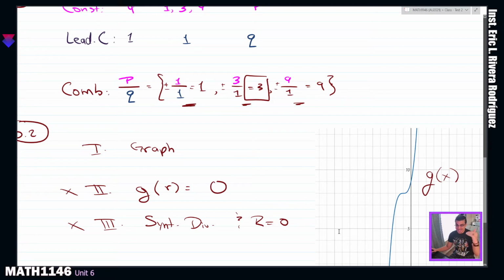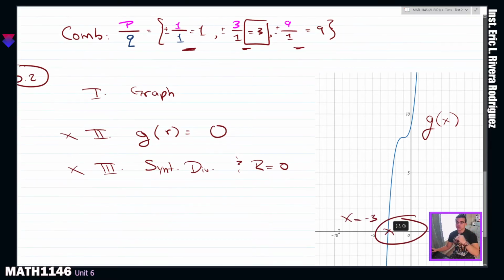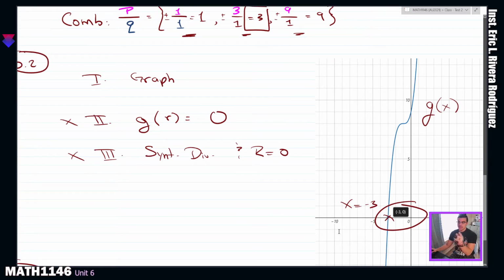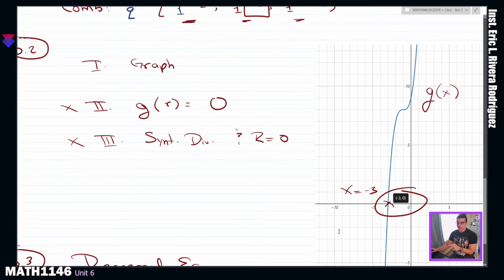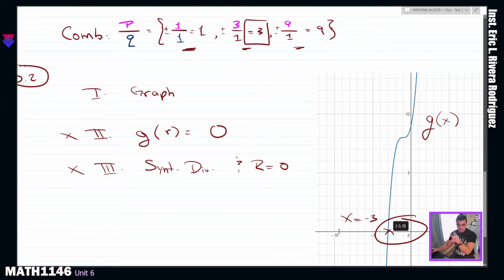Then from the list, we are going to determine which of those numbers is a rational zero. To do that, we are going to do the graph. The graph is going to help us identify at least one rational zero, because an x-intercept means a zero.